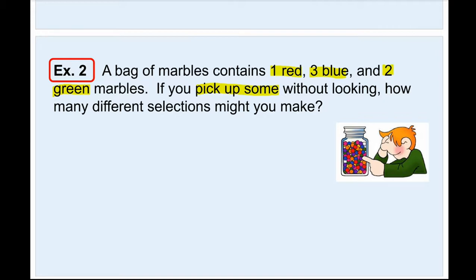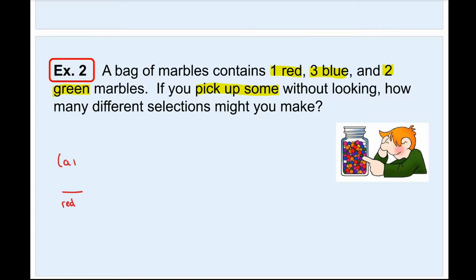Well, rather than go through and look at all the different possible combinations of each individual marble, I'm going to use that formula that I just looked at. So if I'm looking at my red marbles, thinking of my general formula, let's put it just above.